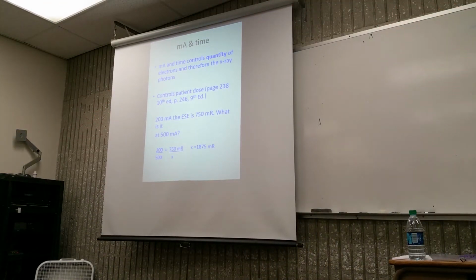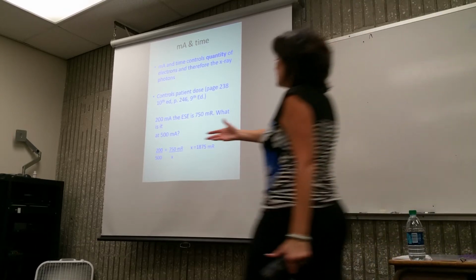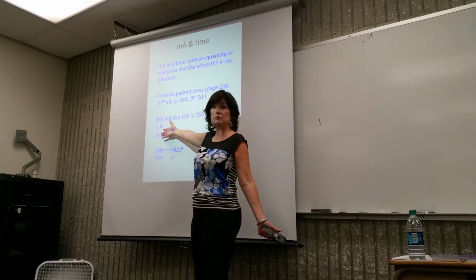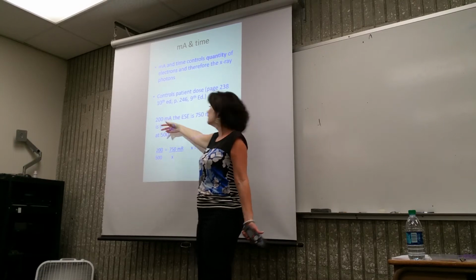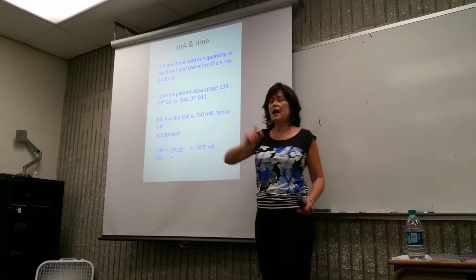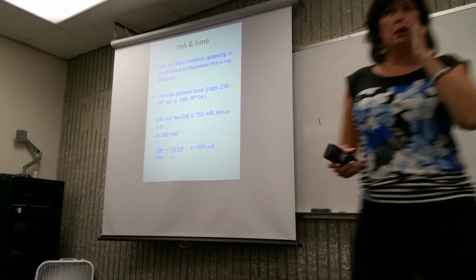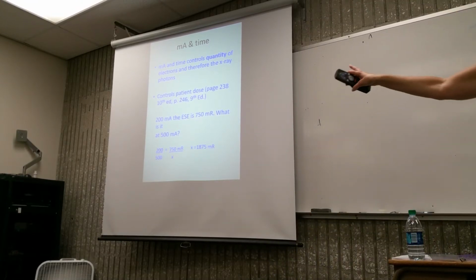So you set this up as two fractions that are equal to each other. So look at what happens, and you can pretty much see it increases about 2.5 times. So that's going to go up about 2.5 times. So very simple algebra there.